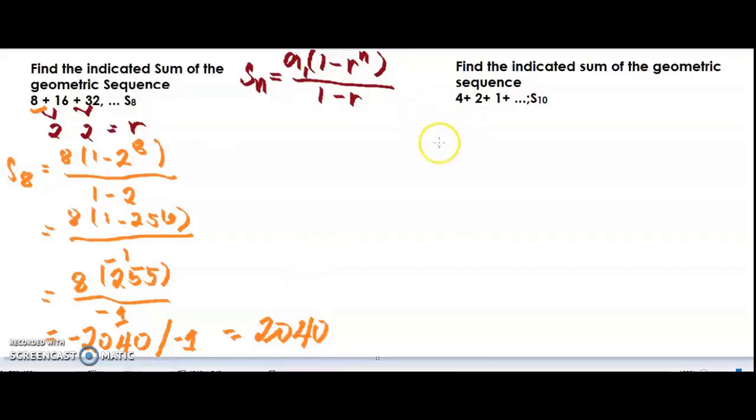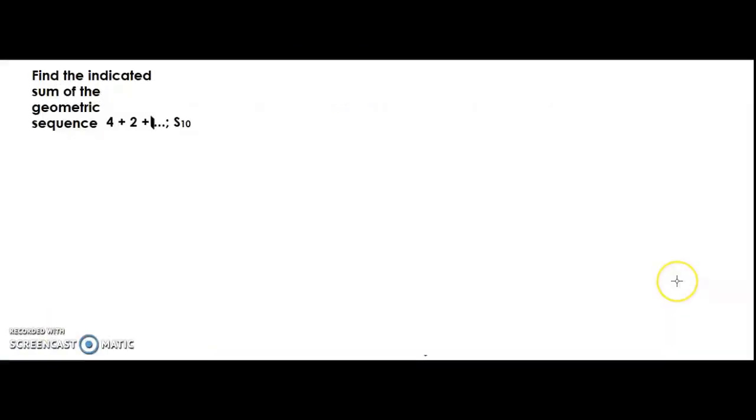Now let's have another problem. Let's try to solve another example wherein we have this one. So first, ang una nating gagawin guys is hanapin muna natin yung ating common ratio, and to find the common ratio you have to divide the second term by the first term.